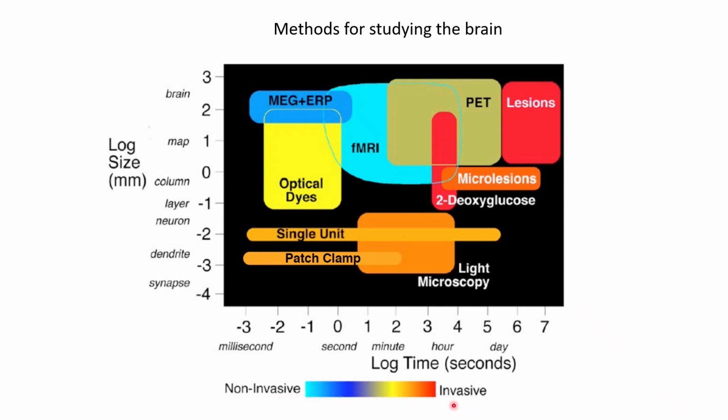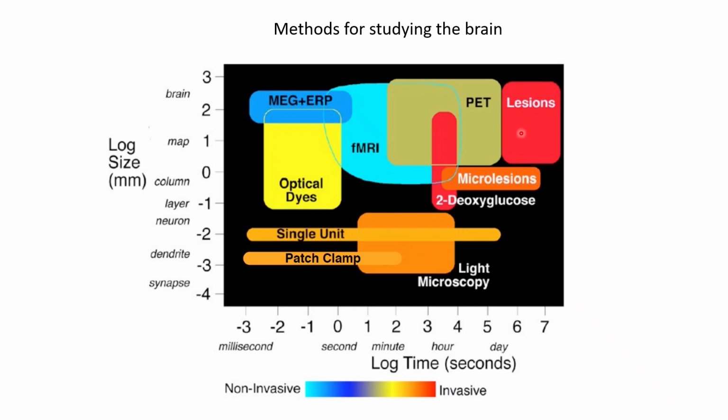So let me start by zooming into this part of the slide. On this top right corner, you see this technique of lesions. So when we are using lesions, we are looking at the brain and seeing what part of the brain is damaged or removed. And if we find such a lesion in the brain and we correlate it with what functional abilities the person has lost, then we will know what function that part of the brain is involved in.